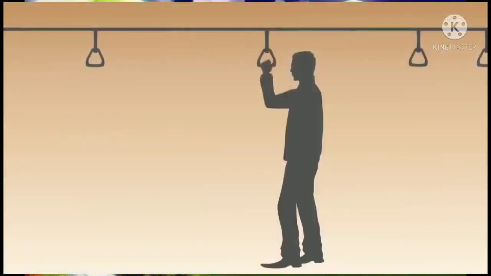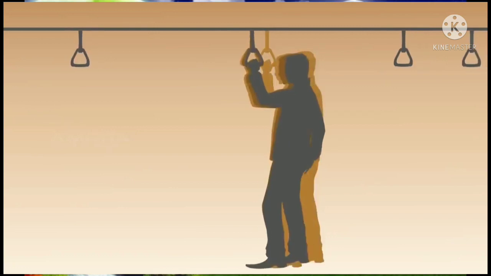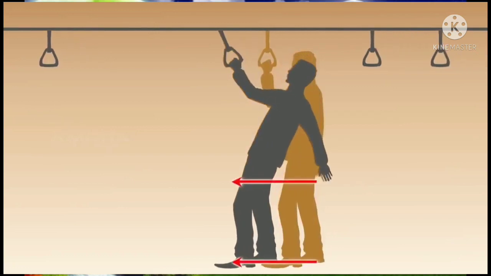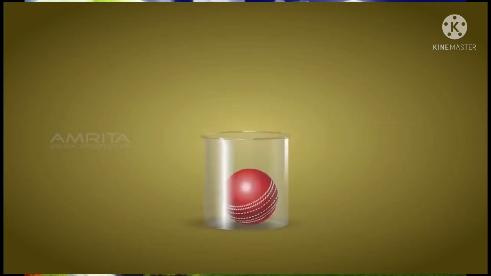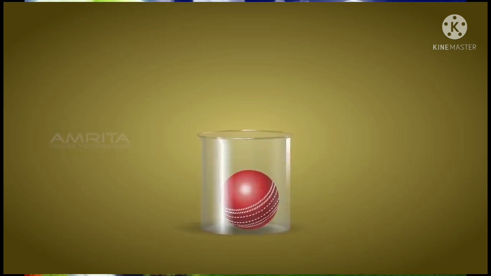The body is at rest when the bus is at rest. When the bus starts, all of a sudden, the lower part of the body is in contact with the vehicle that started moving, whereas the upper part of the body continues to be at rest because of the inertia of rest. Inertia of rest is the tendency of a body to resist any change in its state of rest.